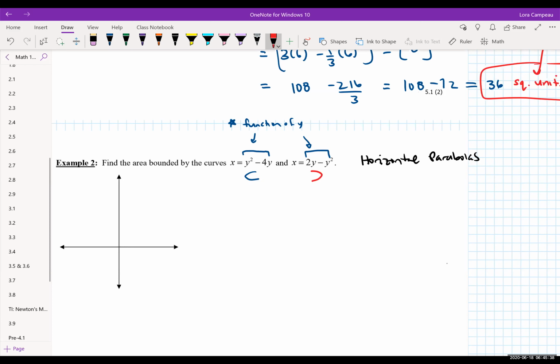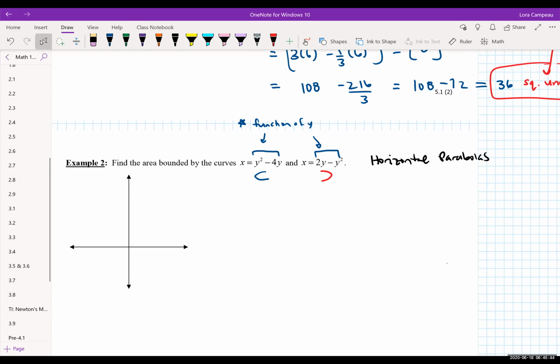If you'd like to, you can name one of them F and the other G. Do you want to name the first one F?